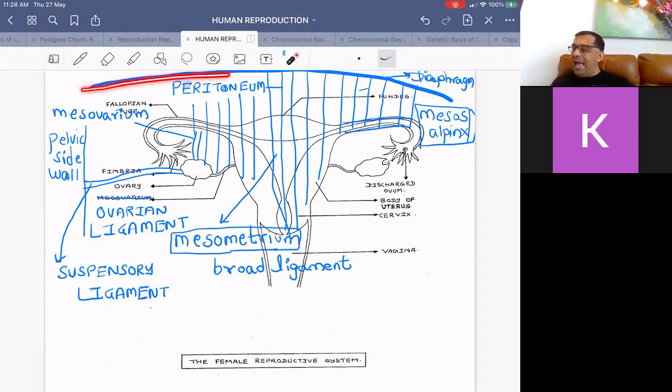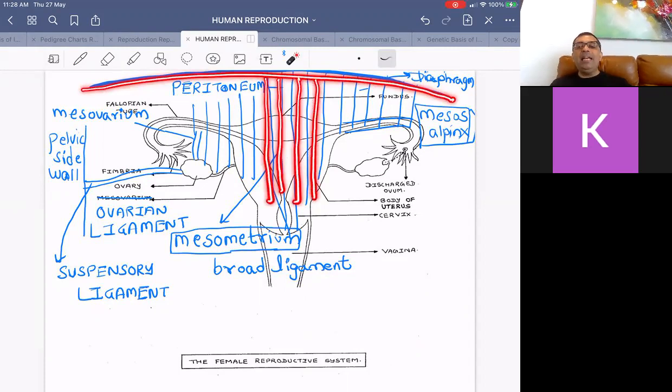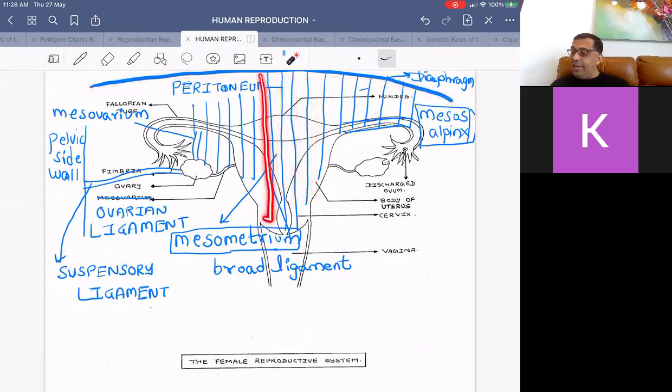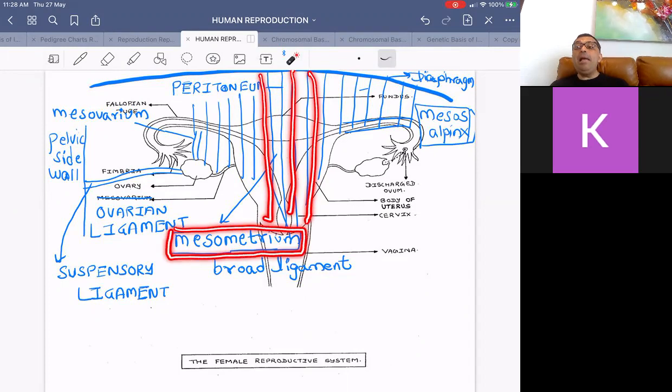So here we have the diaphragm, and from the diaphragm arise membranes called the peritoneum, and peritoneum supports the uterus. That support of the uterus is called the mesometrium, also called the broad ligament.